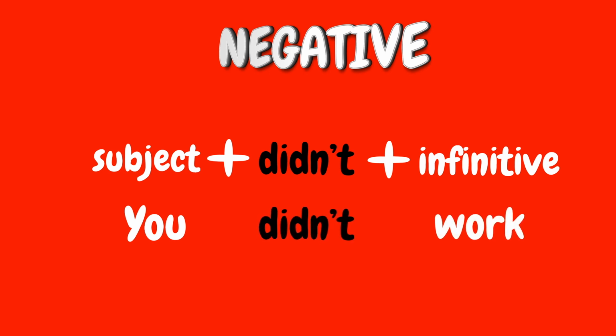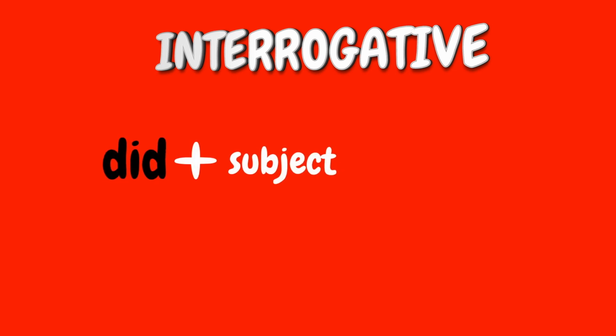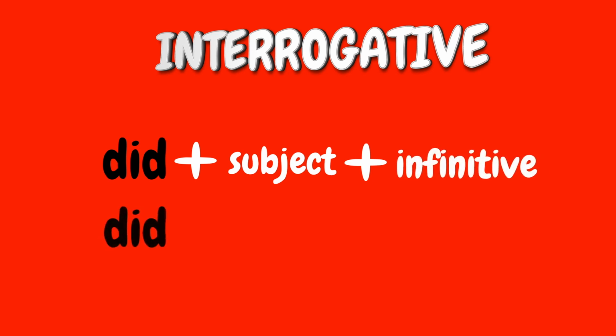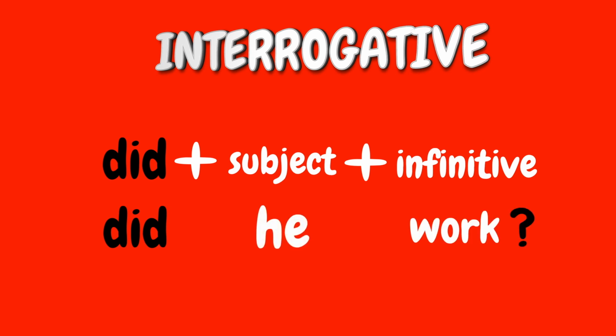And the interrogative form of the past simple is also easy. Use the auxiliary verb did plus the subject plus the infinitive form of the main verb. For example, did he work?